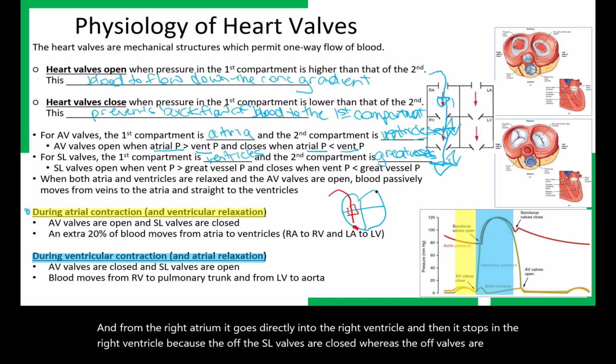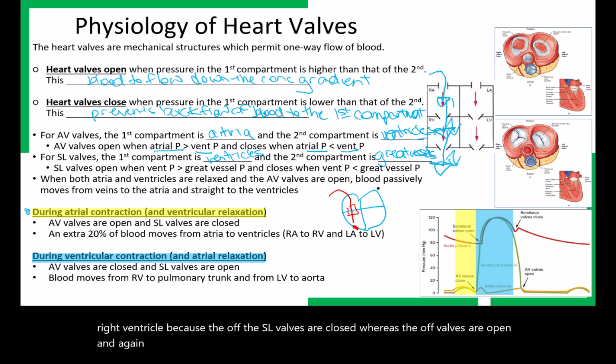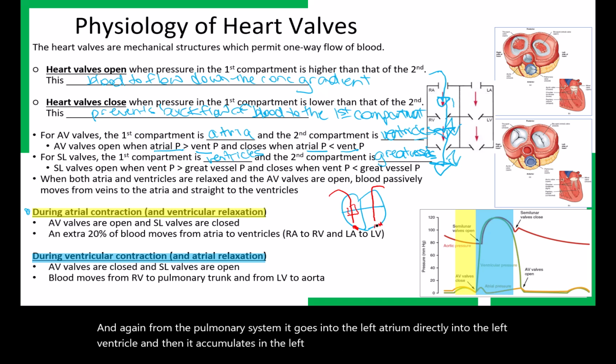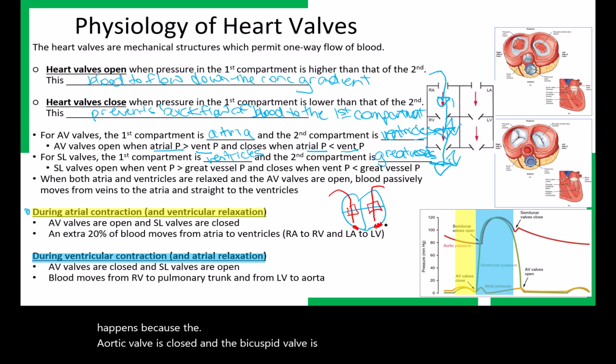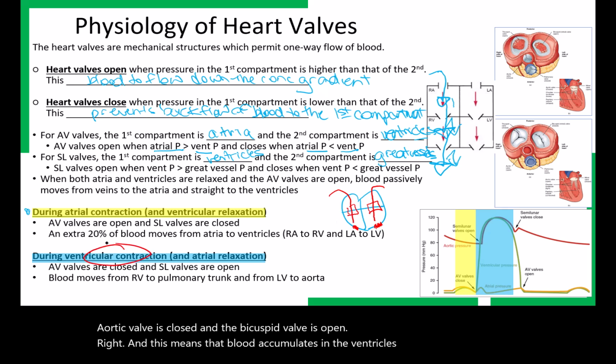And again, from the pulmonary system, it goes into the left atrium, directly into the left ventricle, and then it accumulates in the left ventricle until ventricular contraction happens because the aortic valve is closed and the bicuspid valve is open, right? And this means that blood accumulates in the ventricles until ventricular contraction happens.